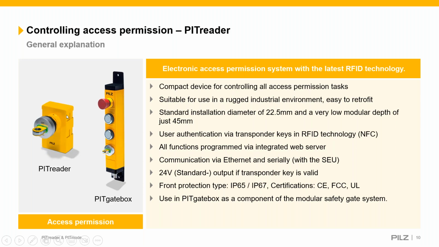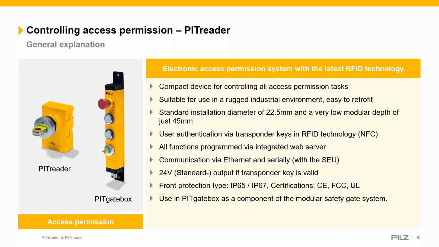The user authentication is done via the transponder key with RFID technology. All functions are programmed via an integrated web server, and the communication is via Ethernet for security, and serially with the safe evaluation unit.